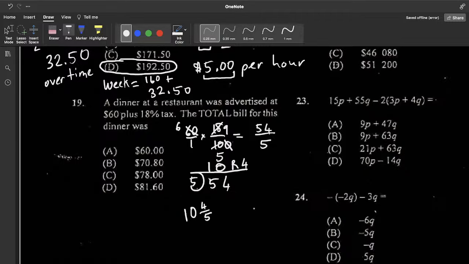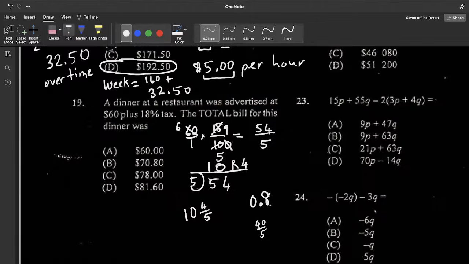Now 4 over 5. If we're doing 4 over 5 as a decimal, that would basically end up giving us 0 point. Now if we put 40 here, it's going to turn to 40 over 5. You have to think of it from that perspective. 40 divided by 5 would give us what? 8.